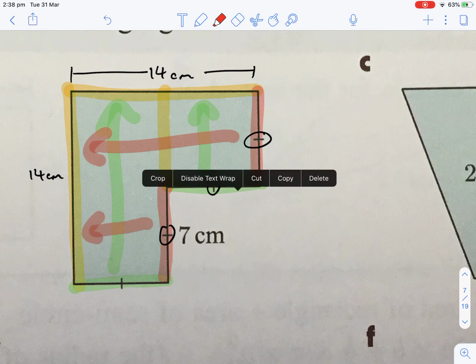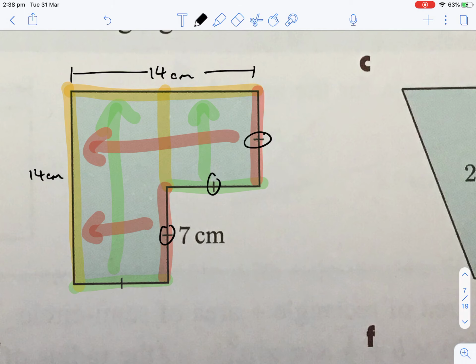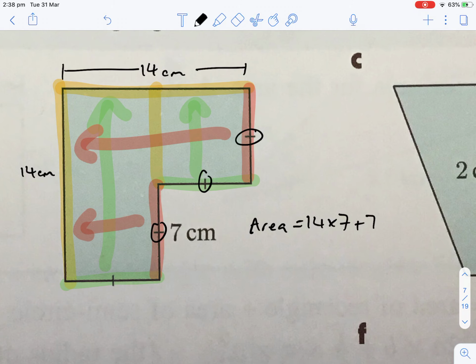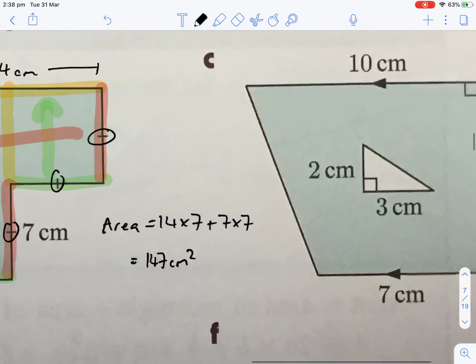So to get the area, the area of one rectangle would be equal to 14 times my 7, plus I've got the little square, which will be 7 times 7. And so altogether, my area for that shape would be 147 centimetres squared.